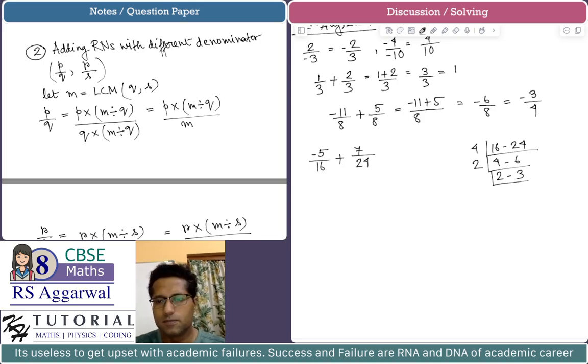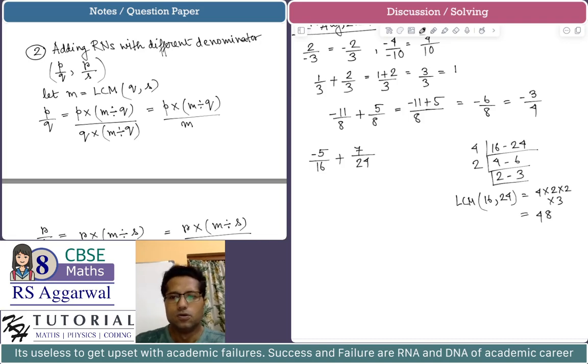So the LCM of 16 and 24 is 4 into 2 into 2 into 3, which is 48. The LCM is 48.